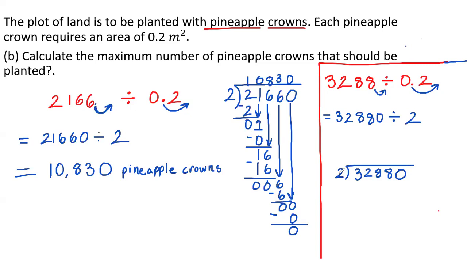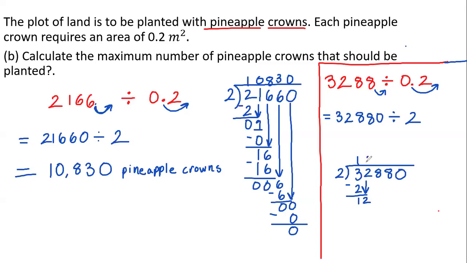Antoine, how many times does 2 go into 3? Once. Yes, excellent. That's common sense. 2 times 1 is what? 2. Subtract. 3 minus 2 is 1. Bring down the 2. Don't get ahead of yourself now. How many times does 2 go into 12? 6 times.